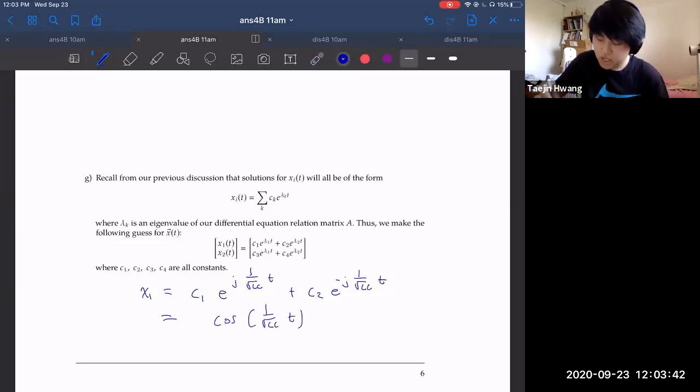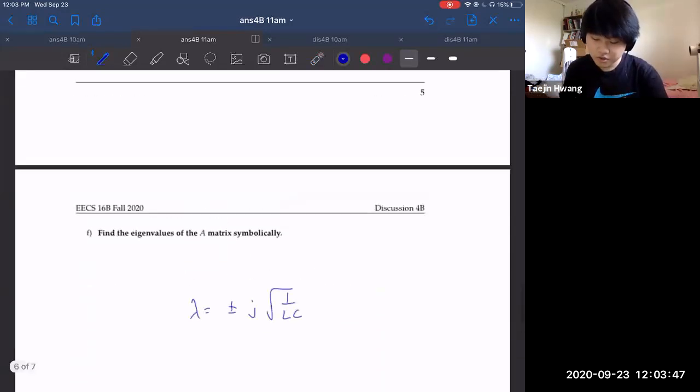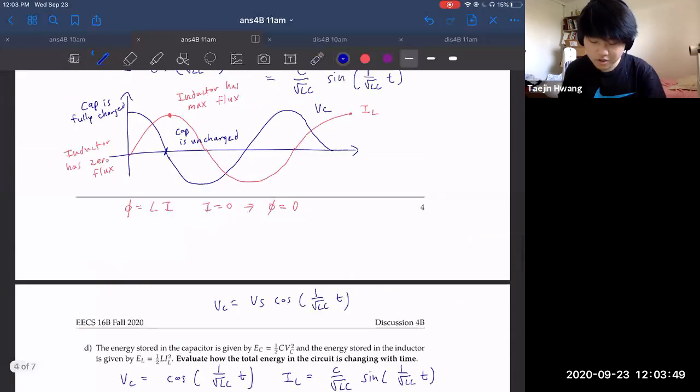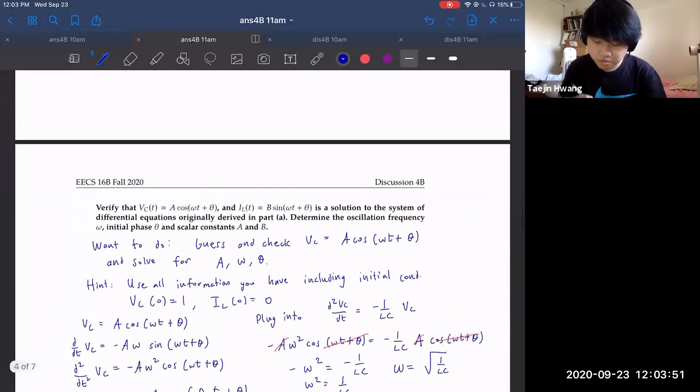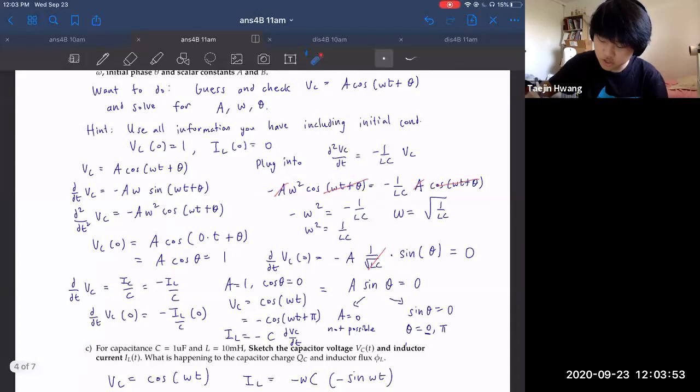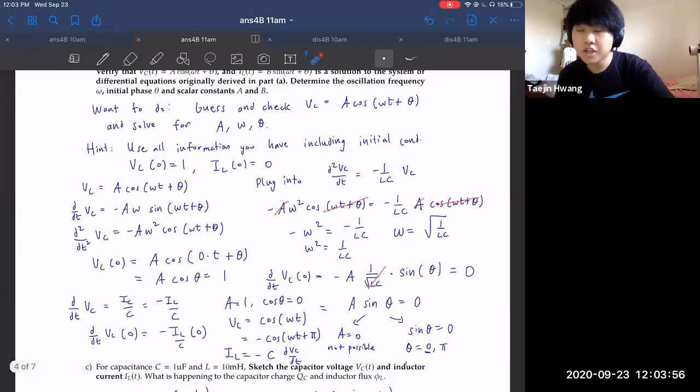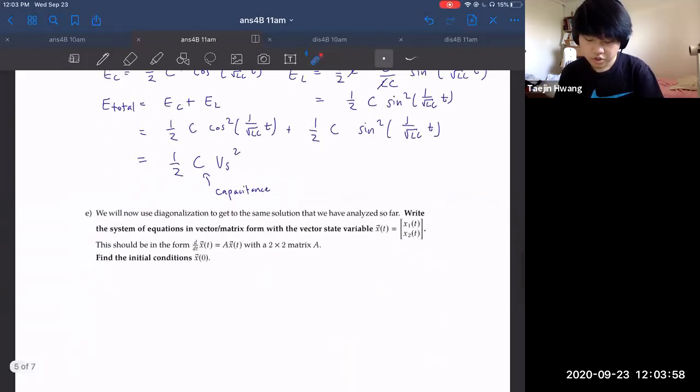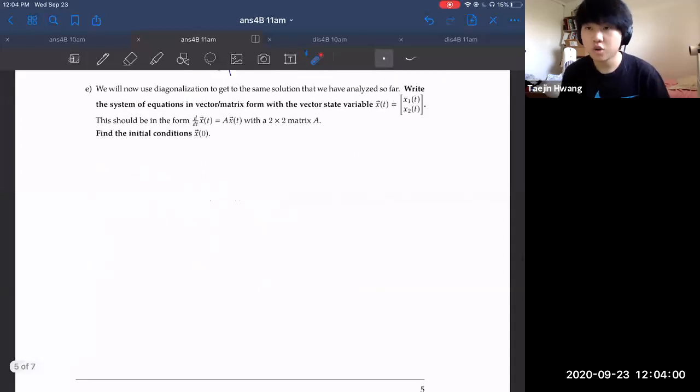So the answer here is going to match the answer you got in part B with the guess and check. So parts E and F are really there just for you to verify your guess and check works.